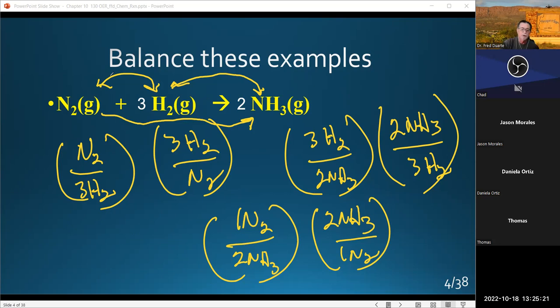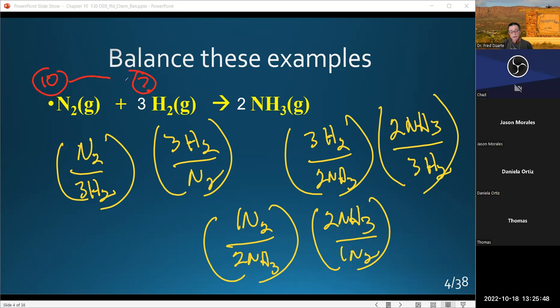And you might say, well, what kind of question could I be asked? Well, let me erase here. It could be something to the order of, all right, if I have, I'm going to change the color here. If I have 10 molecules of nitrogen, how many hydrogens do I need?